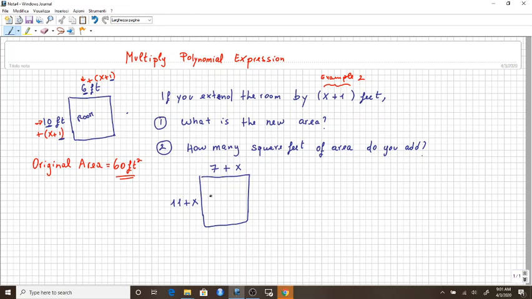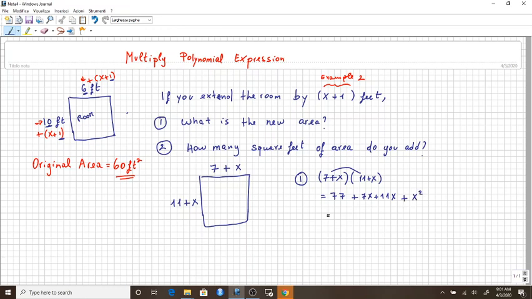Alright, so at this point we found the new dimensions, so we can find the new area and answer number 1. The new area is length times width, which is 7 plus x multiplied by 11 plus x. We can just use the distributive property: 77 plus 7x plus 11x, and then we still have x squared.